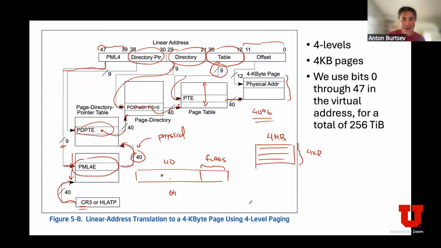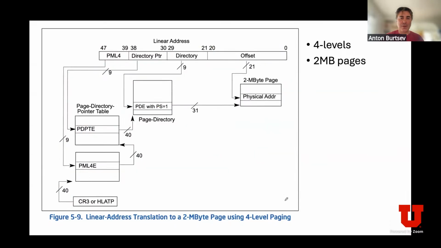Good. Okay, so let's take a look. Intel does the same trick here on the 64-bit machine. Essentially, if this PS bit, the page size bit, is set, then we skip a level. Now we don't have to use 40 bits of addresses. We can use 31 because it's a super page, and it's assumed to be aligned.